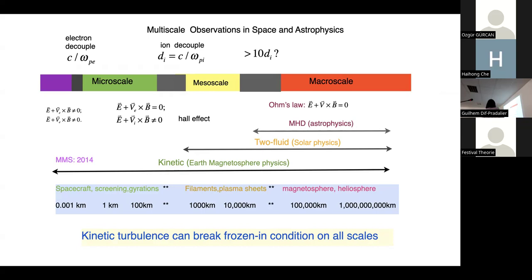For the electron, it's 0.001 kilometers to 1 kilometer. There's a lot of mesoscale gray area here. It's very difficult to see. This is ion flow, so you have to check it in every case.